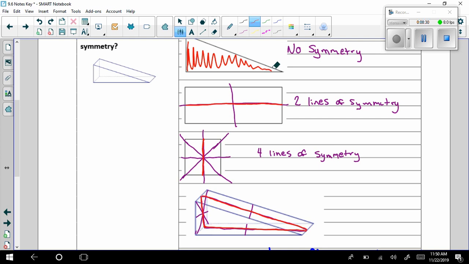All right, so this shape has plane symmetry. And this first one up here happens to be the plane of symmetry.